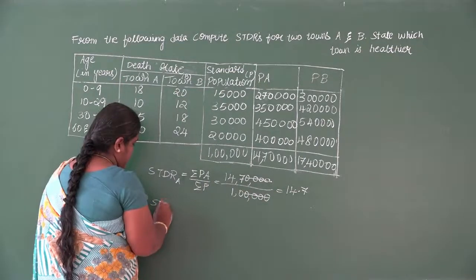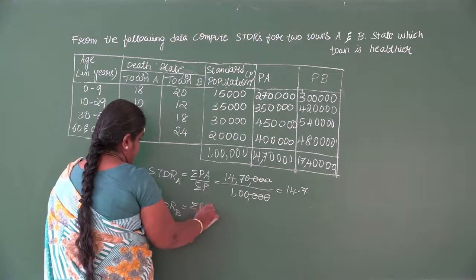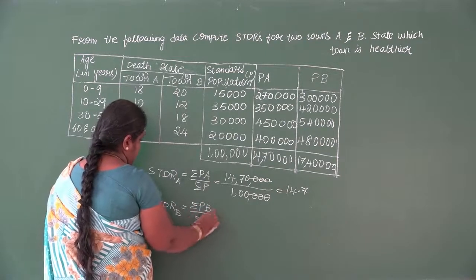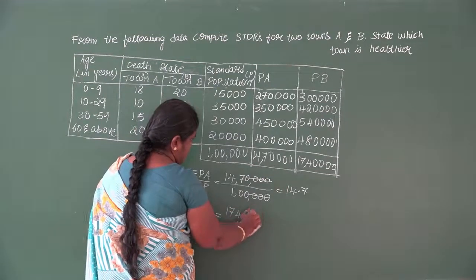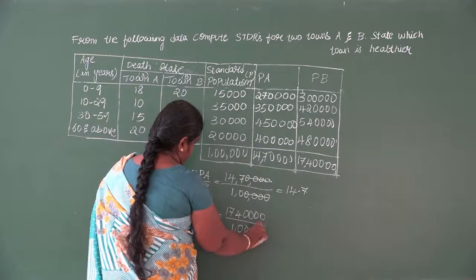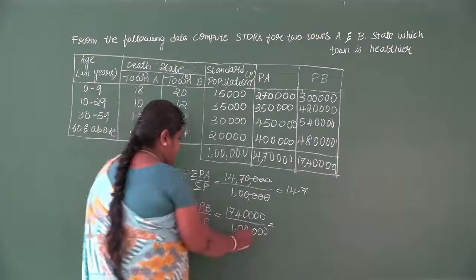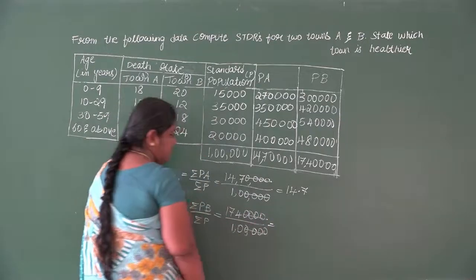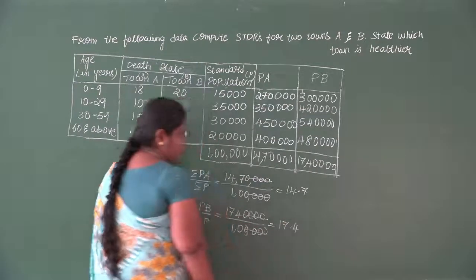Similarly, STDR of B, sigma PB divided by sigma P. So 174 and 4 zeros, 17,40,000 divided by 1 lakh. Cancel the 0 terms. Will get 174 divided by 10, which is 17.4.